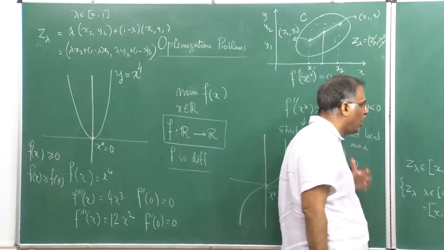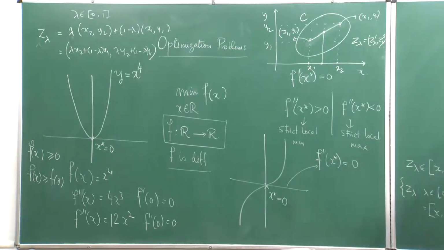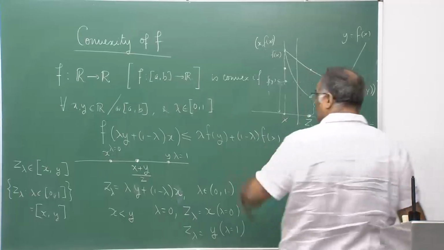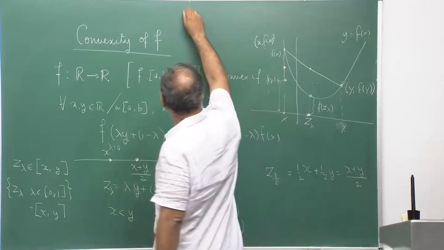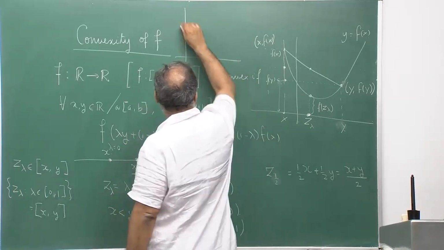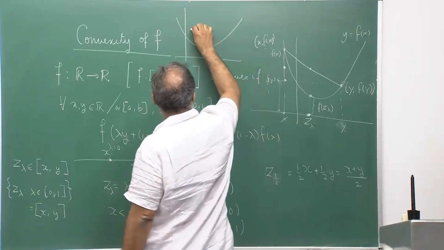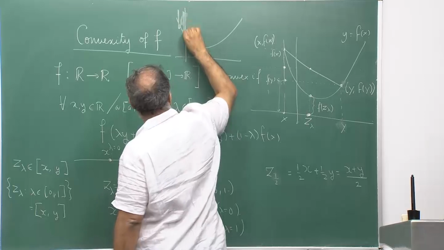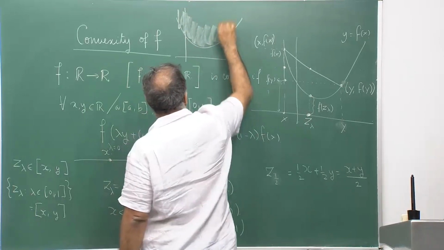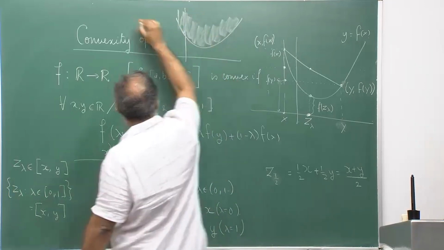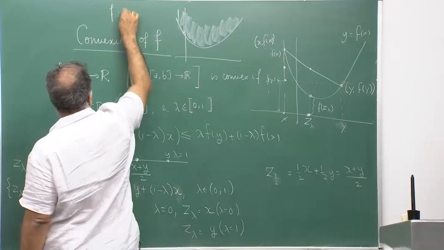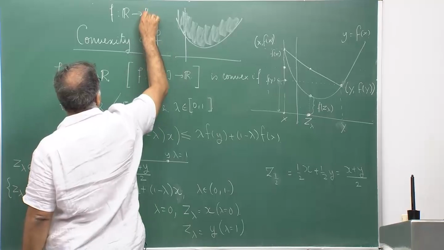Now what is so important about getting to this definition? Another way of recognizing a convex function is this. You take a function like this and you shade the part above the graph of the function. If you take a function from R to R, what is the graph of a function?